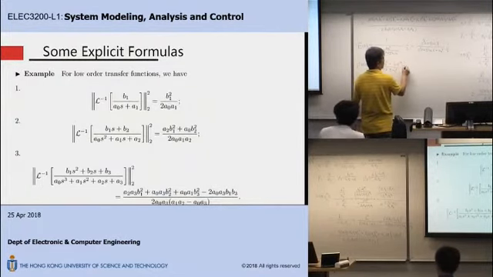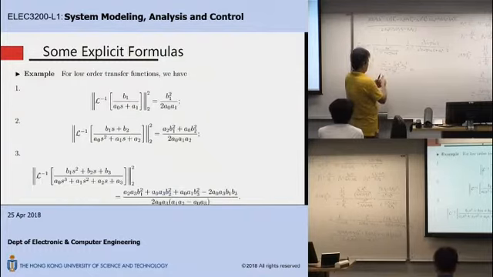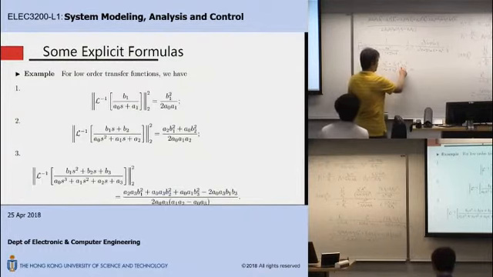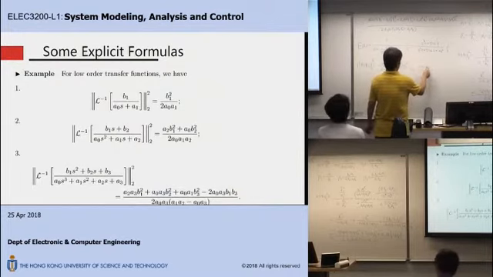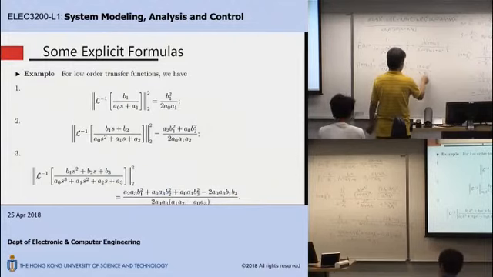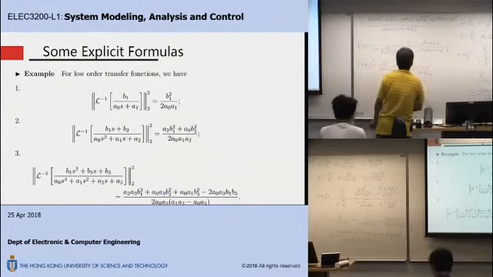So this is equal to 1 plus 4 zeta squared over 4 zeta omega n.